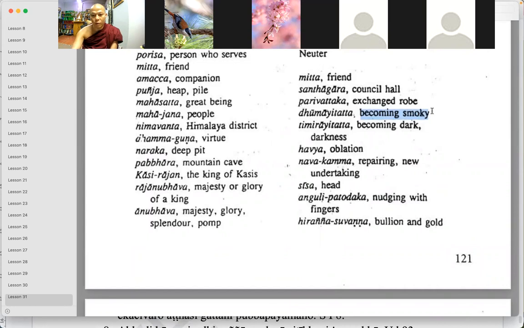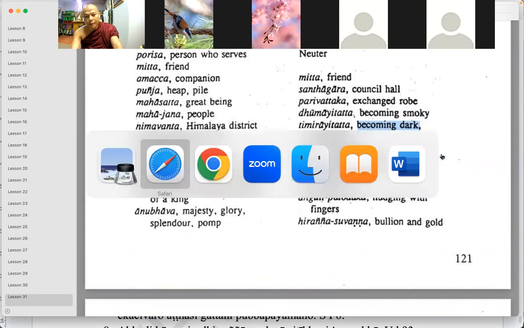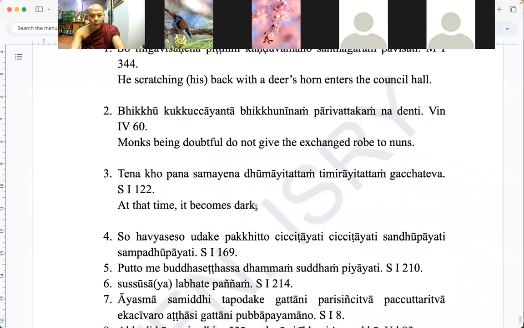"Dumai Data" becoming smoky, and "Timirai Data" becoming dark. So that is why with "Gachati", it becomes smoky and so dark. So it's okay in this way.